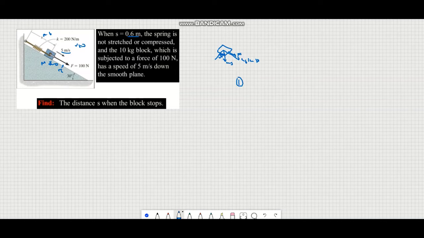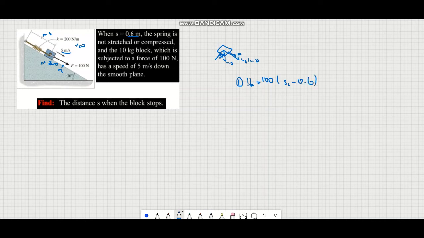Let's solve our energy terms one by one. Due to the force, U_F is 100 multiplied by the change of s, from 0.6 to that point, so S2 minus 0.6.